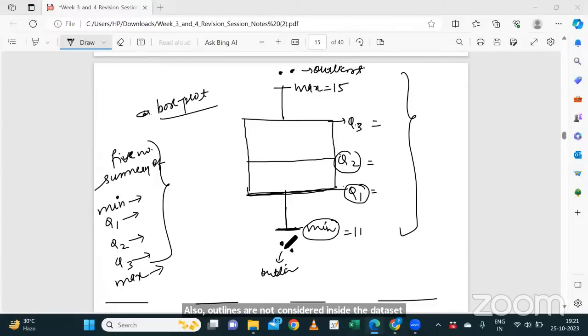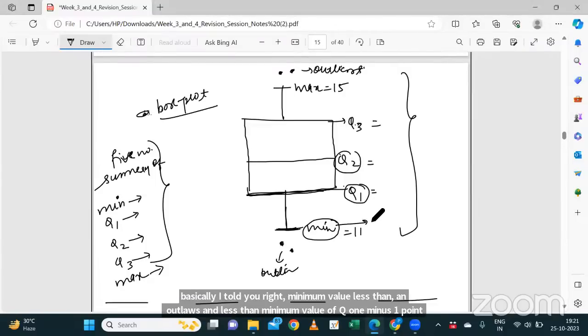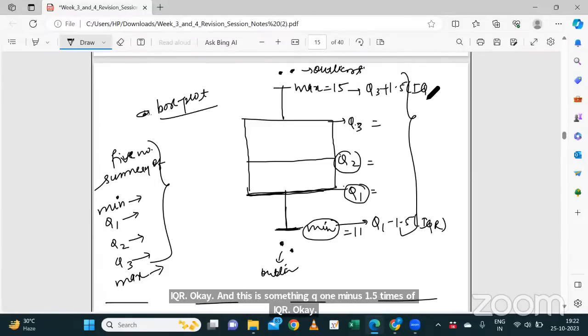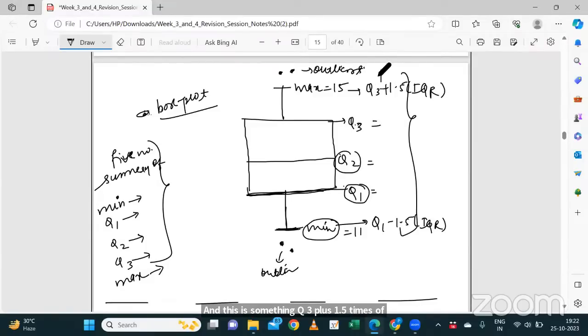Outliers are less than the minimum value of Q1 minus 1.5 times IQR, and greater than Q3 plus 1.5 times IQR. Any observation greater than the upper limit or less than the lower limit will be an outlier. So it will not be considered in the maximum and minimum.